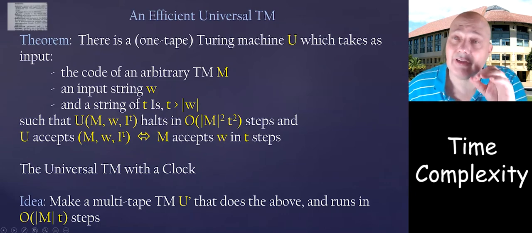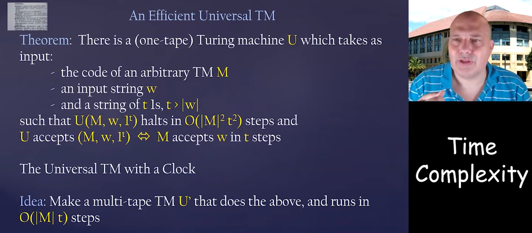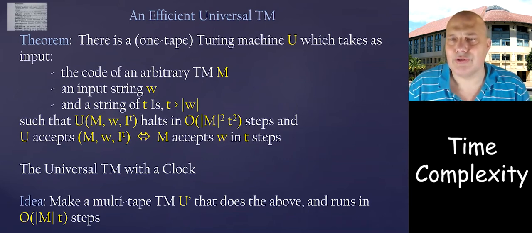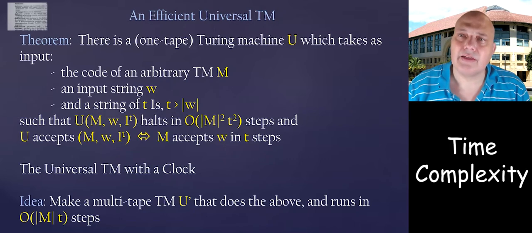So you put the description of M on one tape, the input on the other, and now whenever you want to simulate one step of this machine, you need to scan the tape that contains M for the right transition, and once you find the right transition, a transition that is consistent with what you see at the moment, you're going to execute this transition on the first tape.